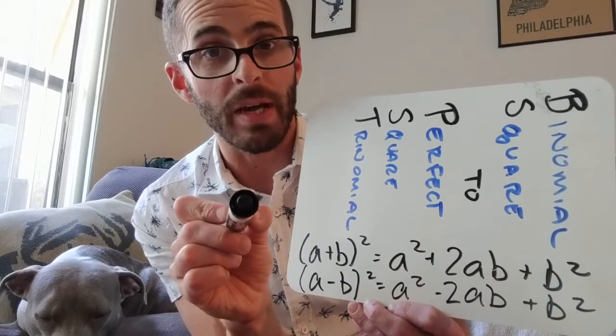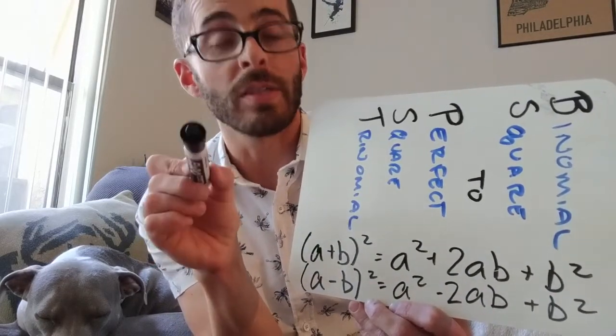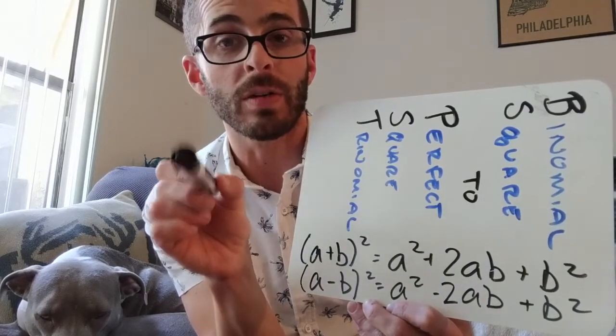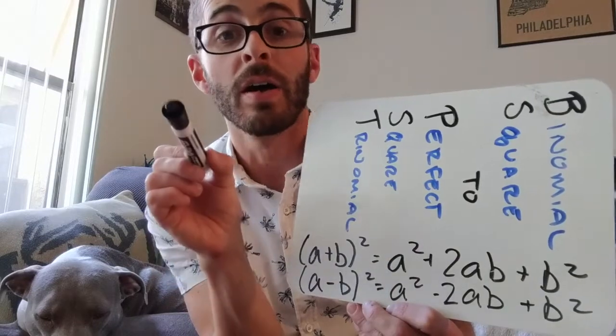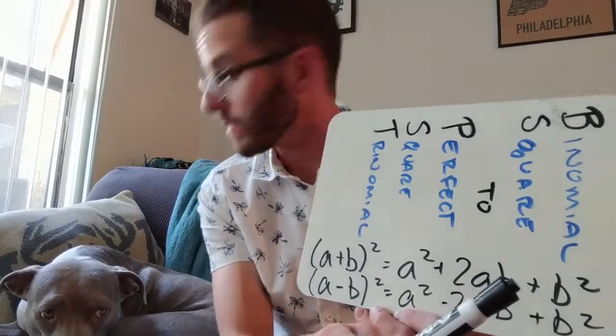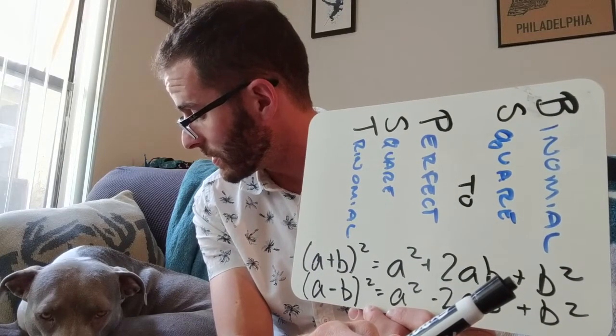What I want you to copy down is square the first, square the last, squeeze and double. I'll say it again. Square the first, square the last, squeeze and double. Pause, rewind, make sure you have it copied down. Go find your parents, a sibling, a dog, and tell them to square the first, square the last, squeeze and double. Good job.